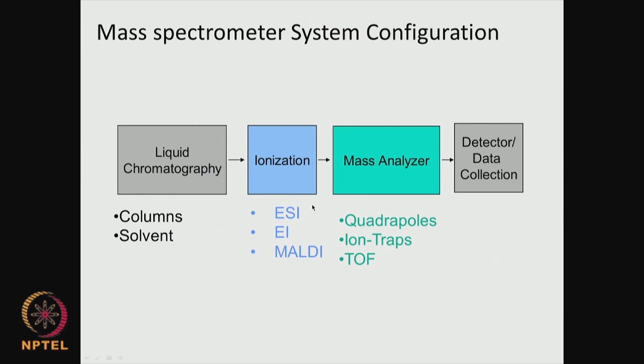Then you do the ionization, like I said, you can bombard with electrons, or use electrospray, or a matrix assisted laser desorption ionization technique. All these are possible. Then you have the mass analyzer, quadrupole, ion trap, time of flight, and finally the detector, which is the electronics. The ions bombard, current is produced, so we get the mass of the particular molecule. It can be a protein or it can be a small molecule.